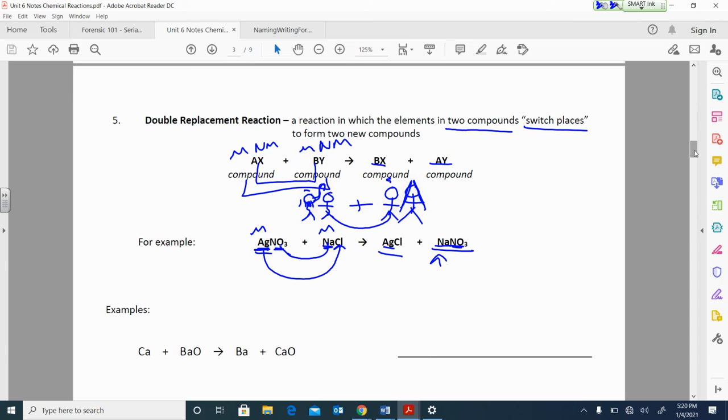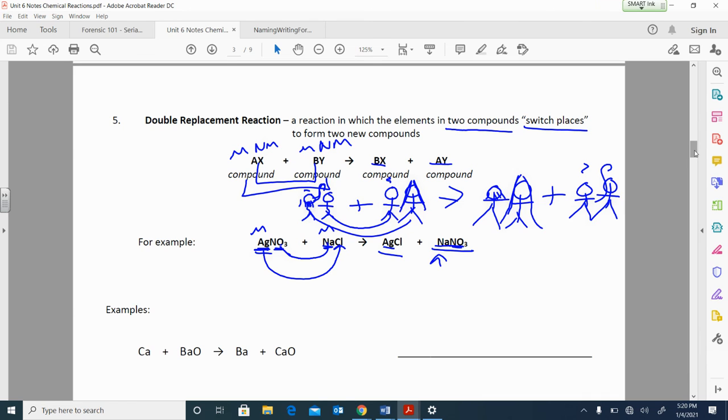So they're going to switch partners, like a little dance routine, do-si-doing. Now mullet guy is going to be with the emo long-haired chick, and the one-haired guy is going to be with our chick with the ponytail. So they just swap partners, or they swap compounds.